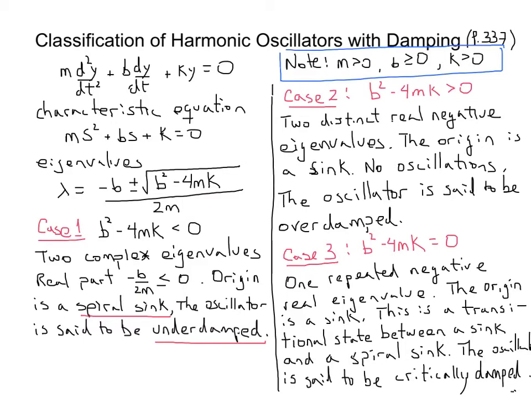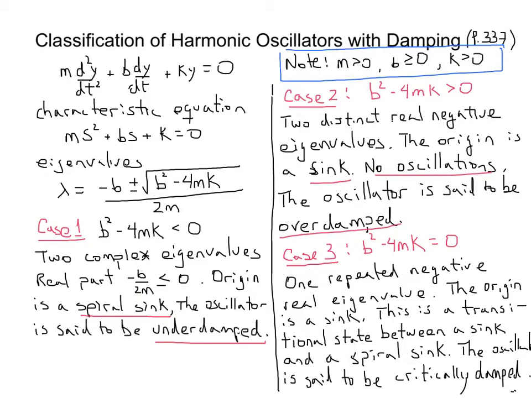The origin is said to be a sink. All solutions move towards the origin. There are two straight line solutions that clearly move towards the origin, but all other solutions also move towards the origin without oscillating. So there are no oscillations, and in this case we say we are overdamped.